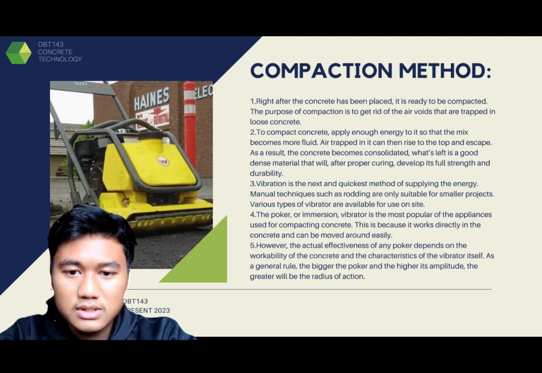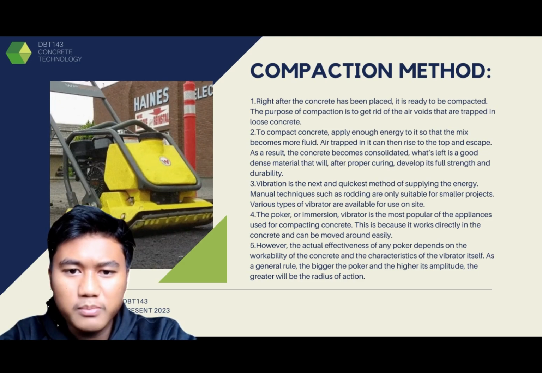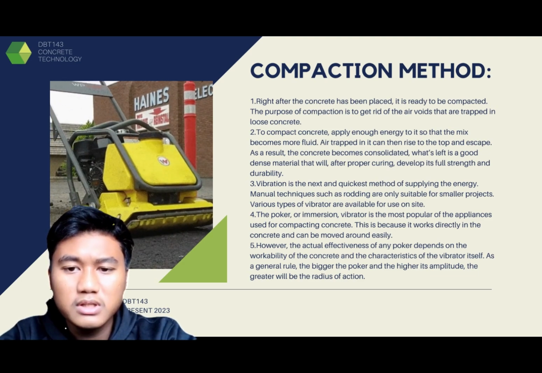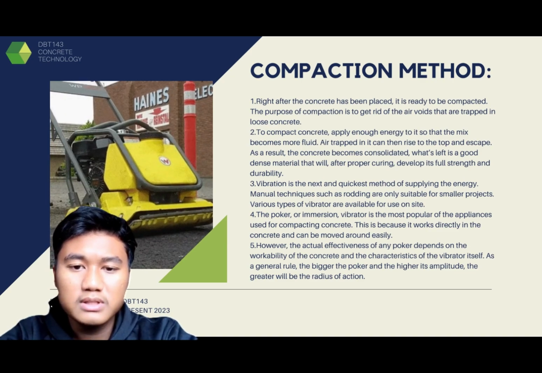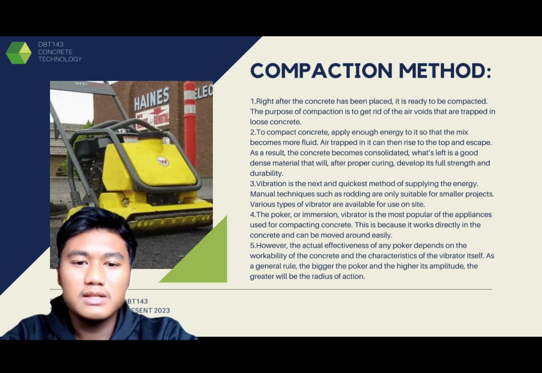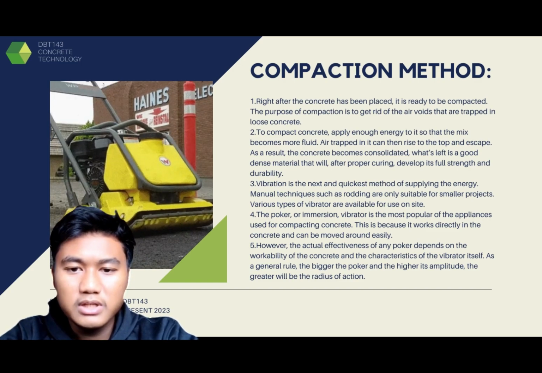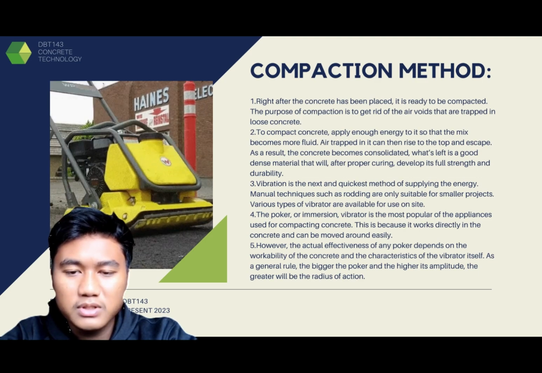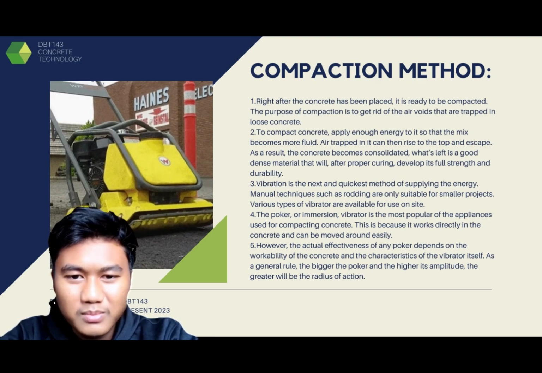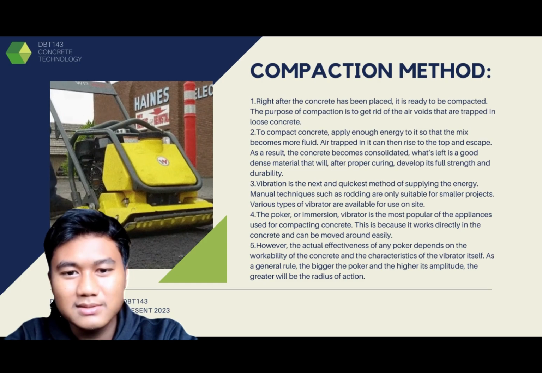However, the actual effectiveness of any poker depends on the workability of the concrete and the characteristics of the vibrator itself. As a rule, the bigger the poker and the higher its amplitude, the greater will be the radius of action.